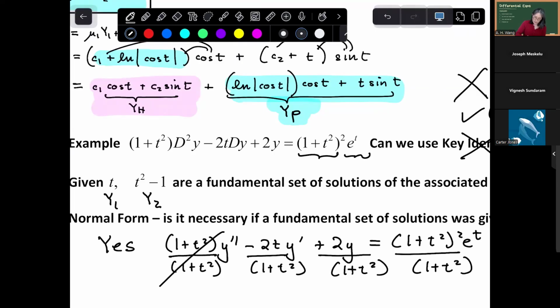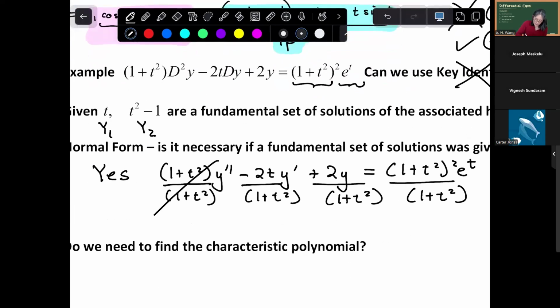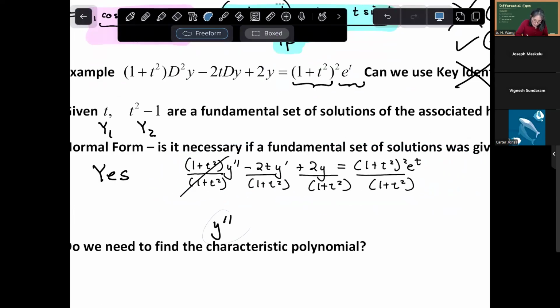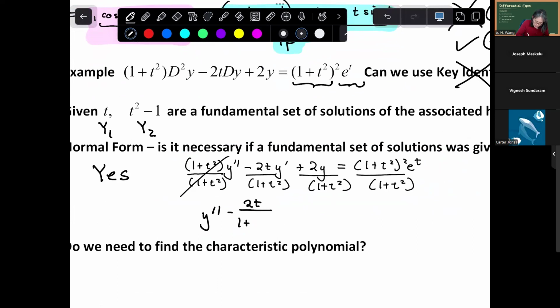Let me write this smaller now. You'll have y double prime minus 2t over 1 plus t squared y prime, and then plus 2 over 1 plus t squared y. And now one of these will cancel with one of these.